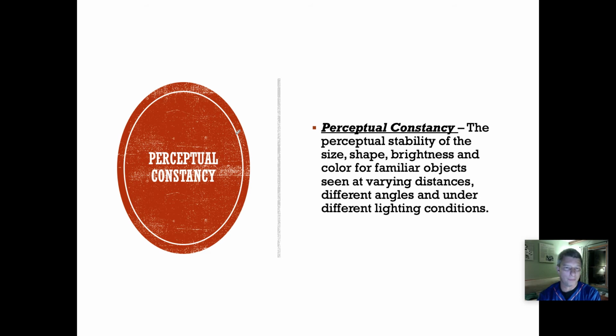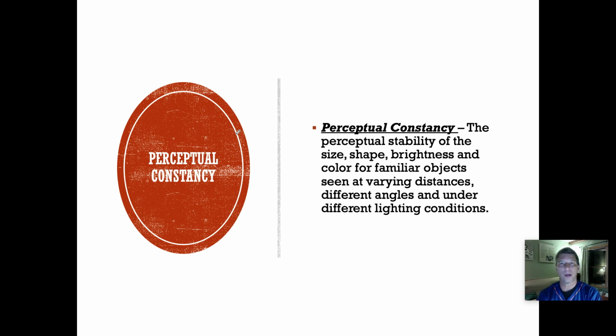It looks like a kitty cat, and it's tan. But as the sun goes down, it appears to become gray in color. But your brain realizes that lions are tan, and therefore you see the lion as tan. That's your perceptual constancy.